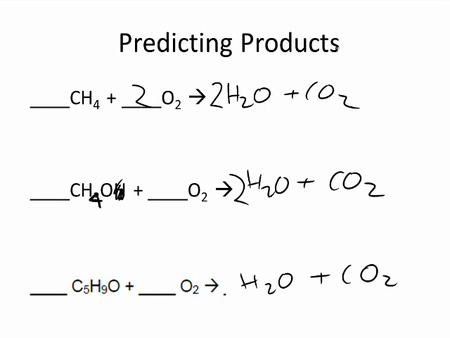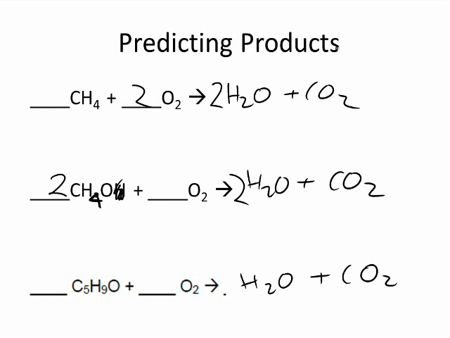Okay, so I have 4 hydrogen there, 4 hydrogen. Now the issue here, there's going to be an odd number of oxygen, so I'm going to put a 2 here to get 4 oxygen on the left side, and the oxygens are balanced.